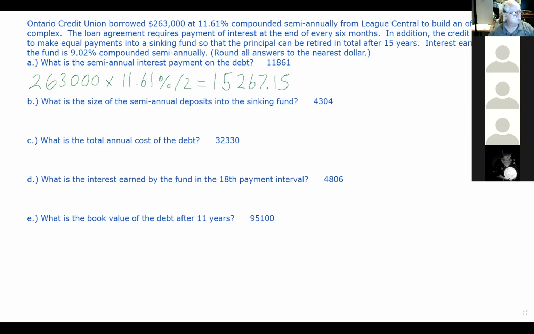Let's find out if Moodle would have liked that. Yes. And of course, we're rounding it to 15267. So what is the size of the semi-annual deposits into the sinking fund? And what was the formula we needed to use here again?